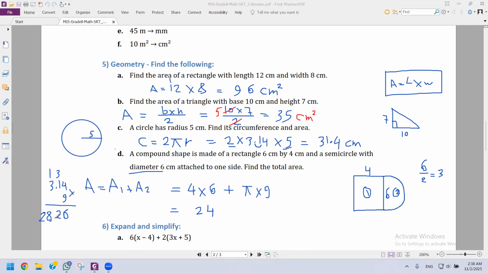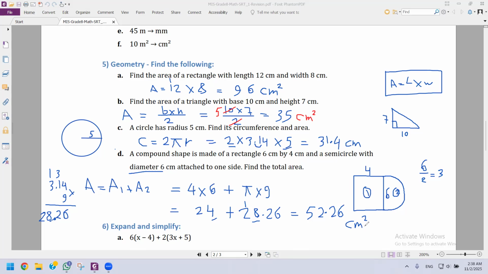I have two values after decimal, so two values after decimal, 28.26. Now we add them. 0.26 is the same. Now you do 8 plus 4. This is 12. So we write 2, we carry 1. 2 plus 2, 4 plus 1, 5. So it's 52.26 what? Centimeter square.